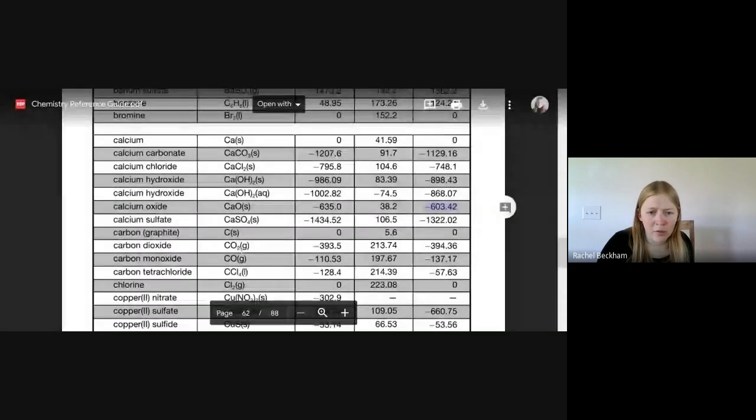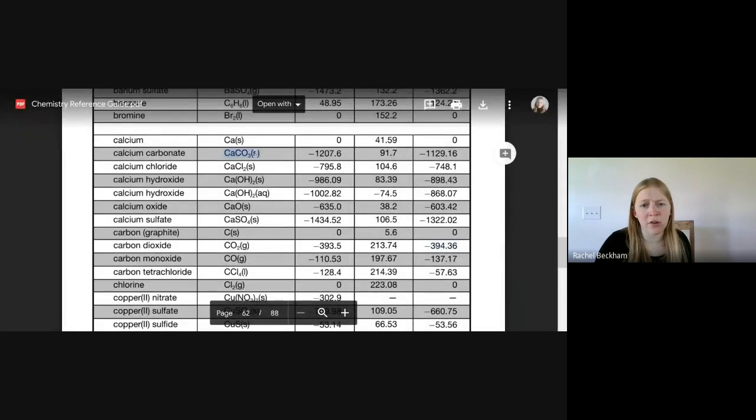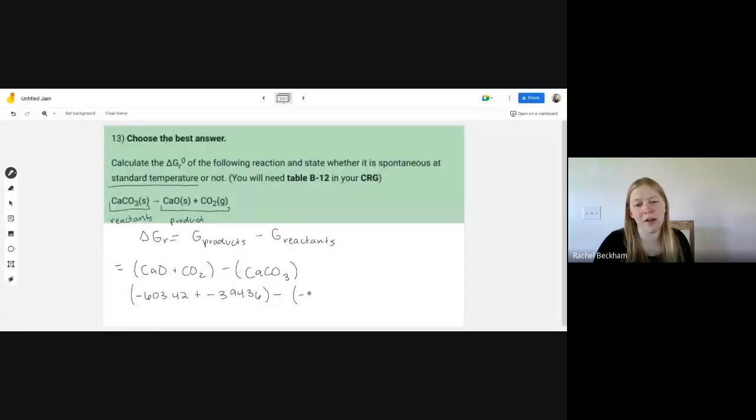So here is CO2 right here, and its value is negative 394.36. Remember, that's what this part is right here. And we're going to say minus, and then CaCO3, which is right here. And its delta G value all the way over here is negative 1129.16. I know I'm not saying that correctly, but I just want to remember it easier.